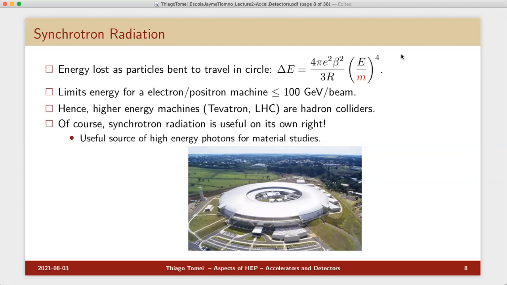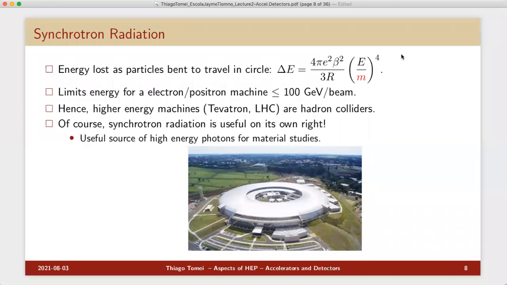Particularly for an electron-positron machine, it turns out that there is a more or less soft limit that the beams will have to be around 100 GeV per beam, for an accelerator of reasonable size, something like 20 kilometers or so.